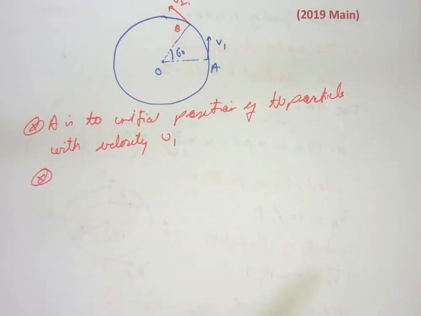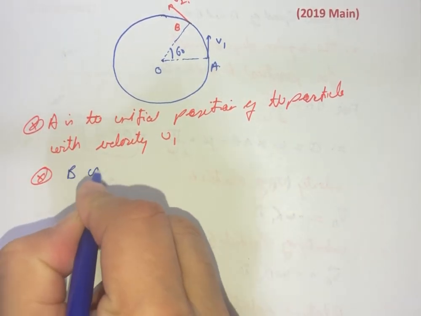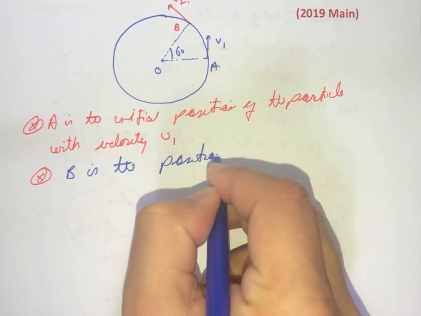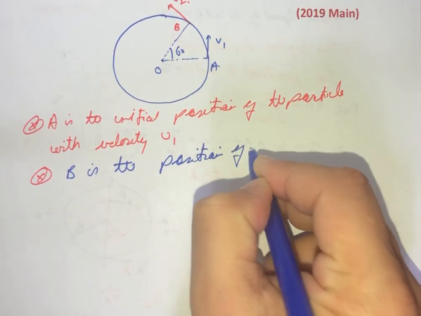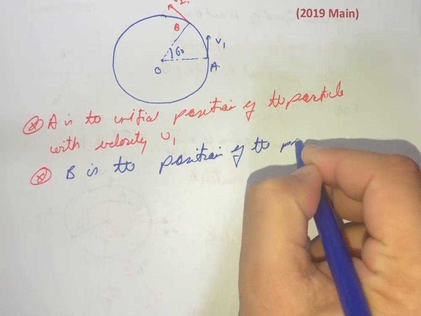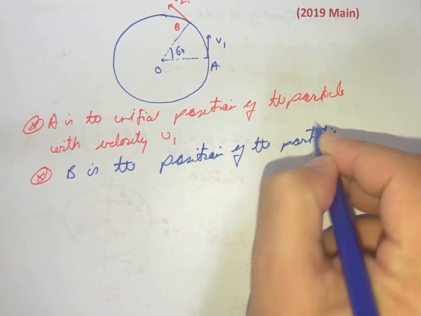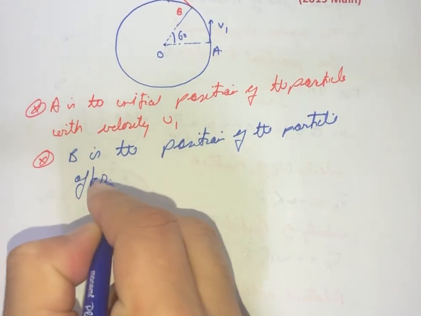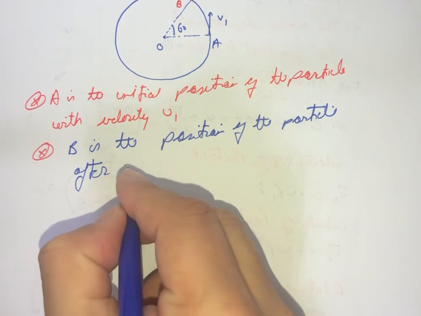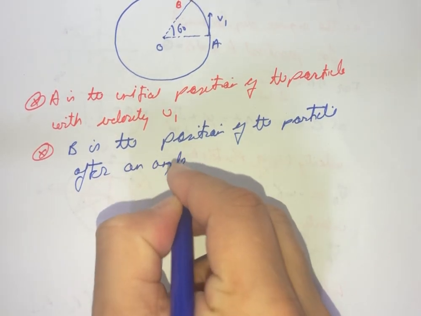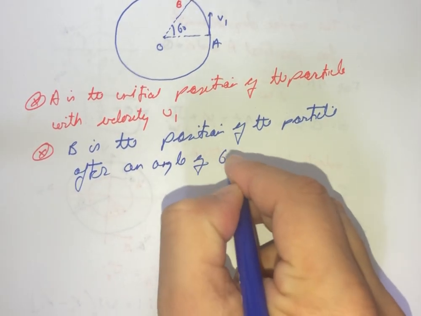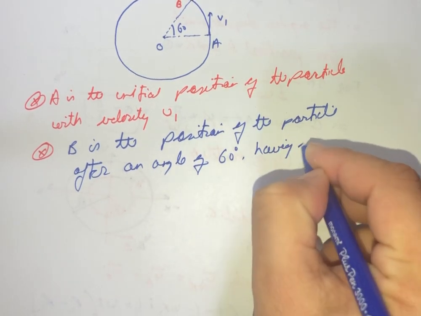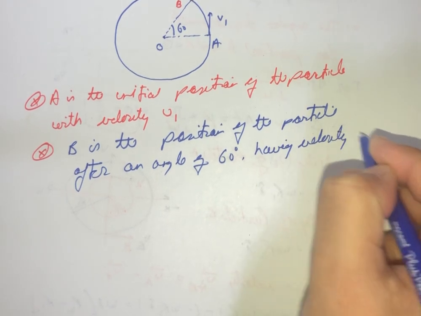and B is the position of the particle after an angle of 60 degree having velocity v2.